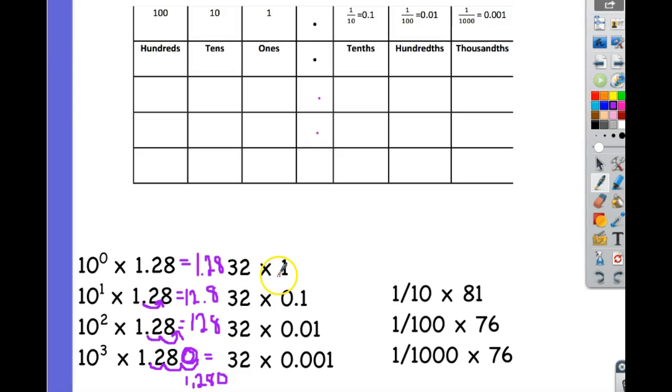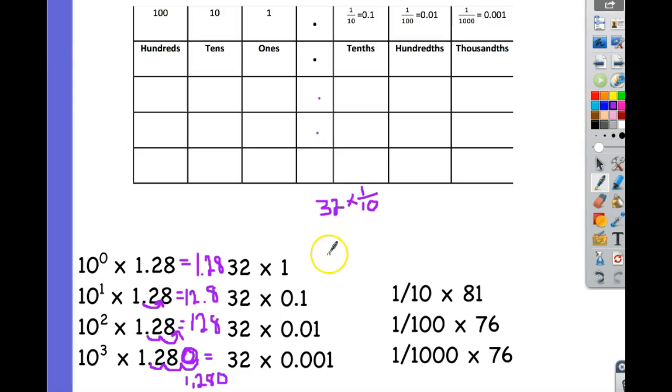32 times 1, we're not going to worry about that because you should know that that is 32. How about 32 times 1/10, though? Okay, this is what I want you to think about. 32 times 1/10. Okay, I'm going to write it a little bit differently. Instead of 0.1, I'm going to write it as 1 over 10. I'm going to write it in its fraction form, okay?